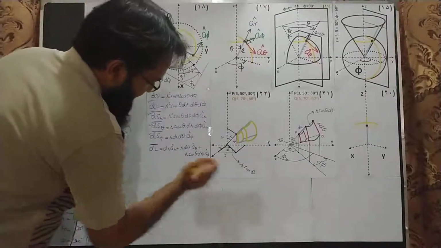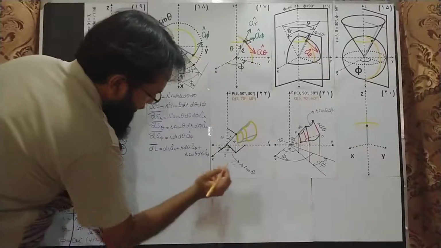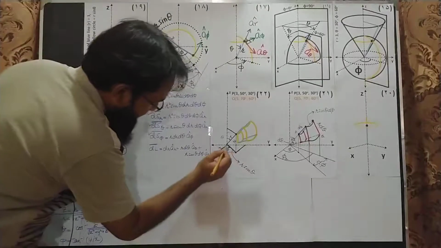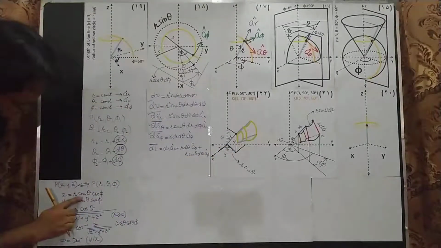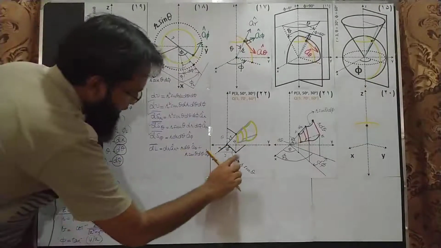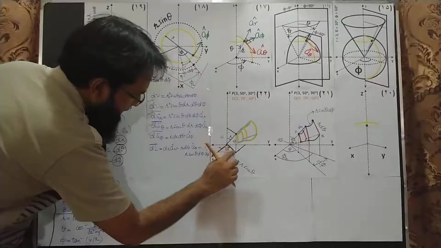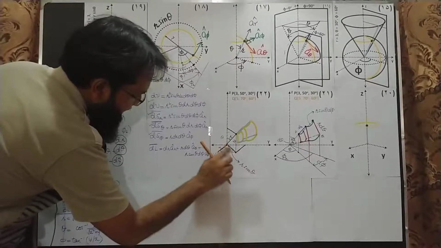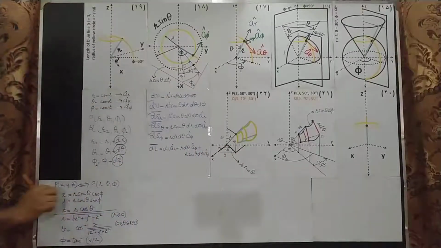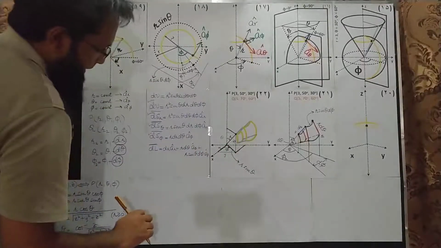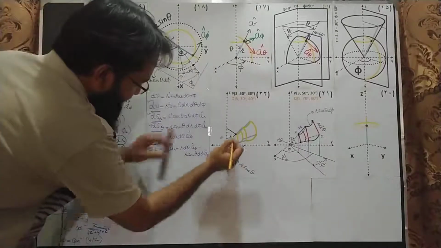So this is r sine theta. So if this line is r sine theta, then x should be r sine theta cos phi, and y should be r sine theta sine phi. And how about this height z?